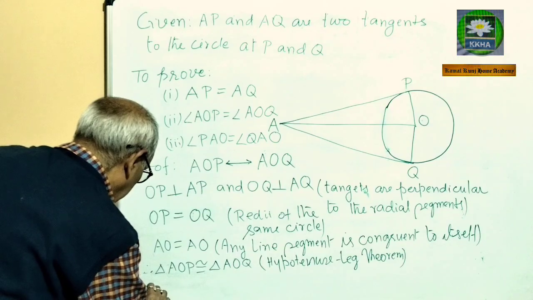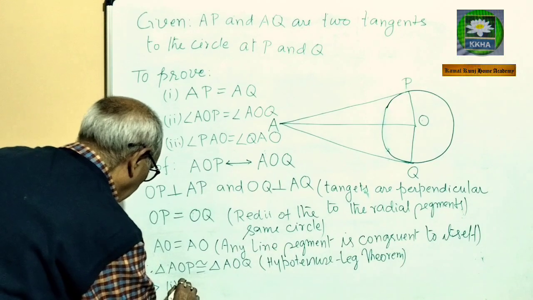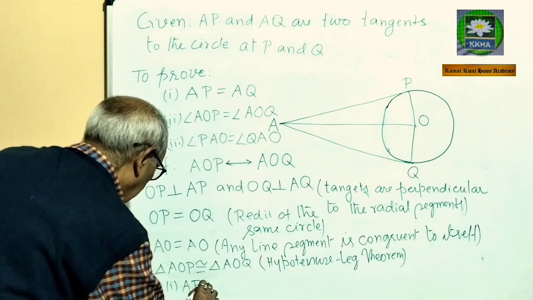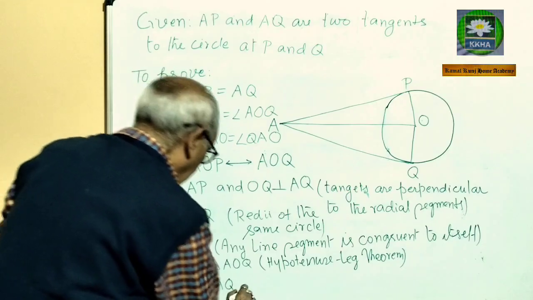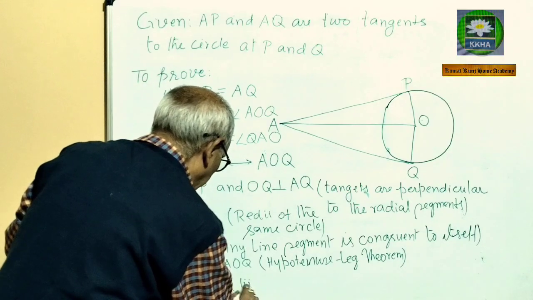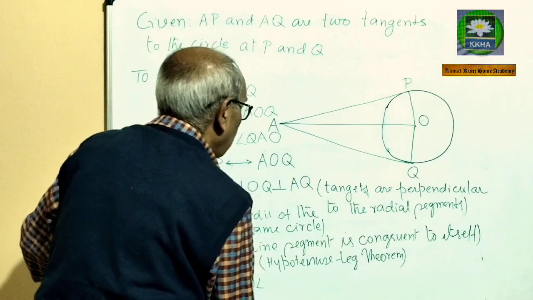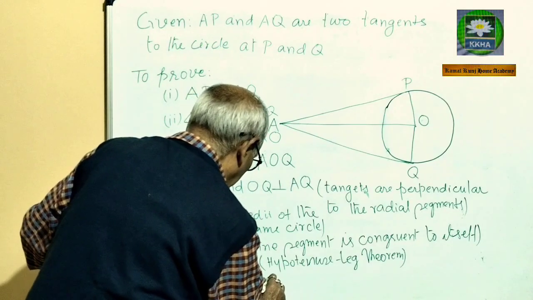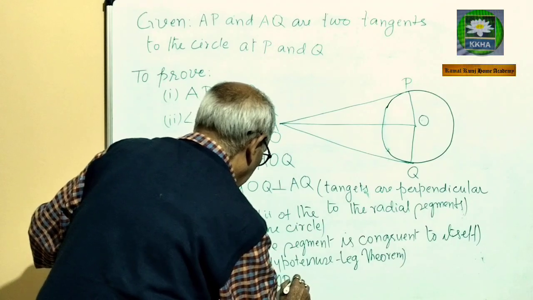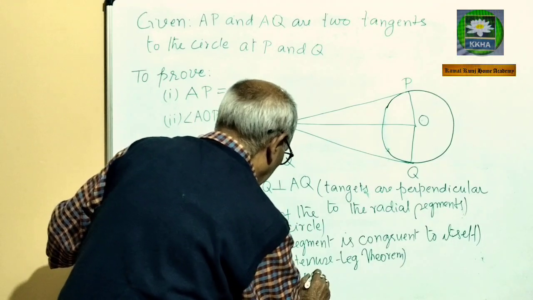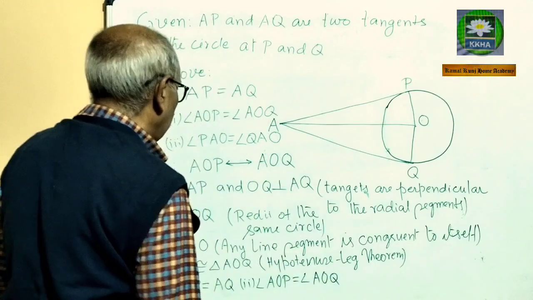This implies that number 1, AP is equal to AQ. Number 2, angle AOP is equal to angle AOQ.